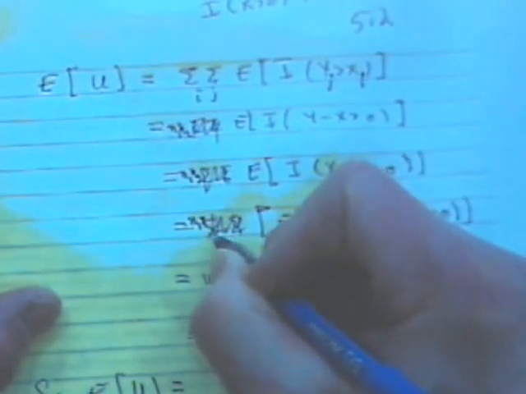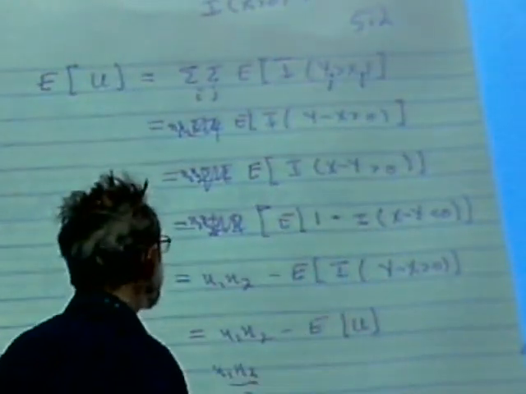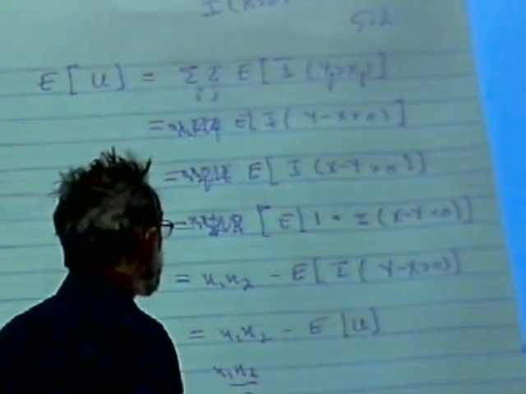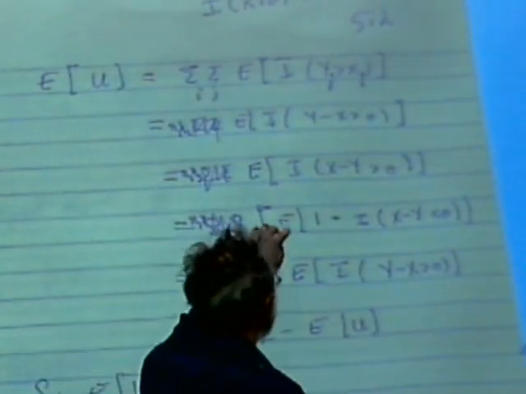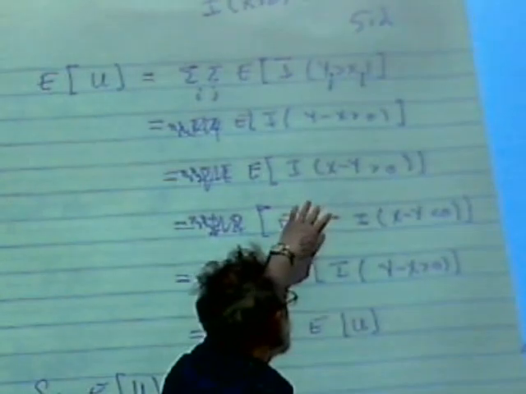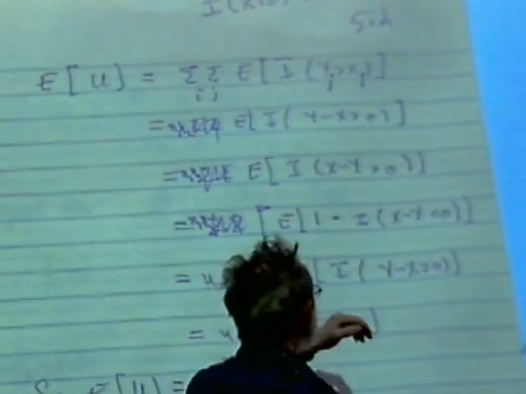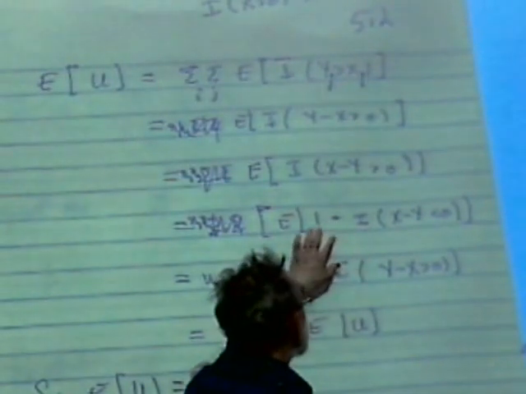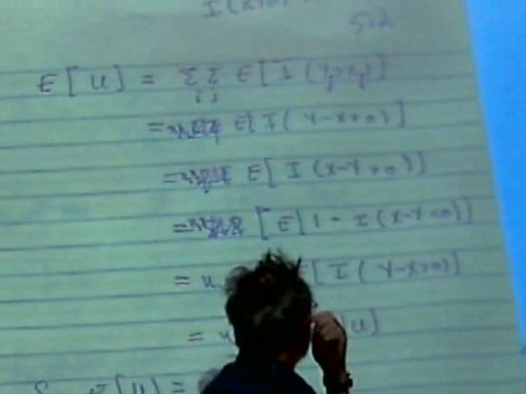But the distribution of Y minus X is the same as the distribution of X minus Y. So I can just write it that way. And then it's either 1 or 0, so you can look at the complement and subtract it from 1.